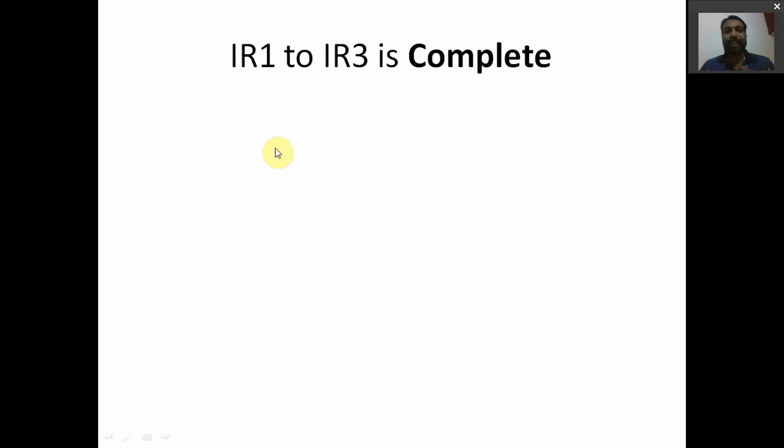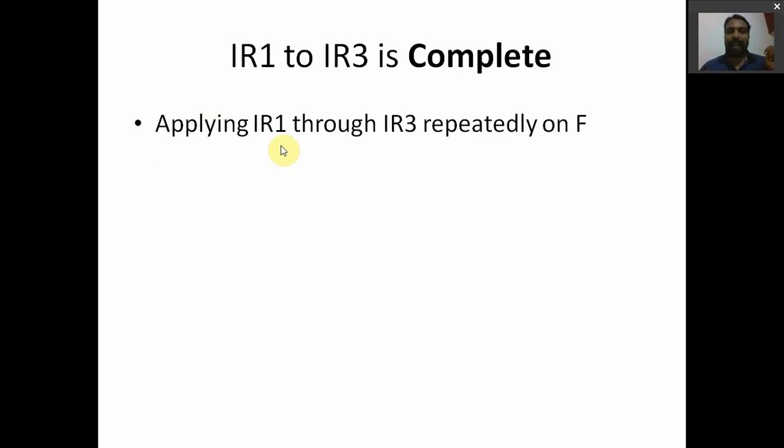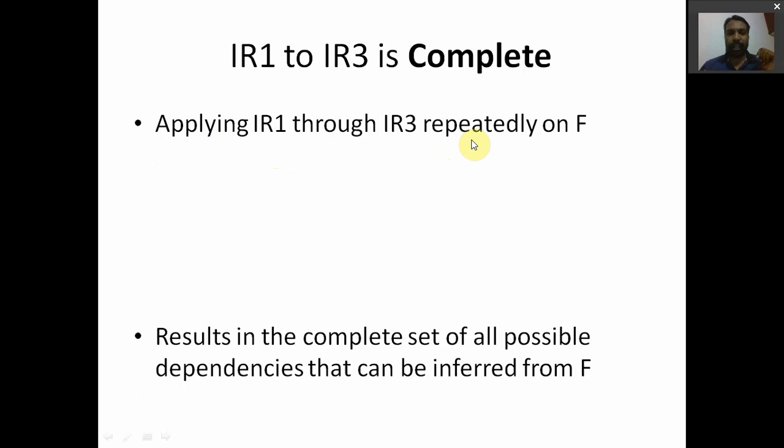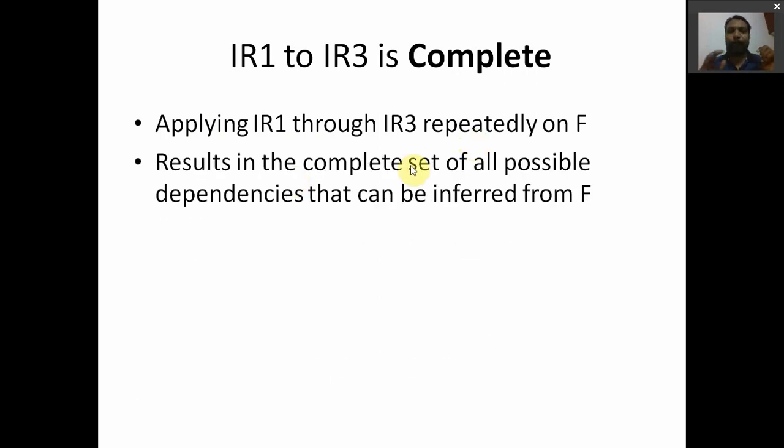Then IR1 to IR3 is also complete. That is, applying IR1 to IR3 repeatedly on F, if you apply all these three rules repeatedly on F, it results in the complete set of all possible functional dependencies that can be inferred from F. So if you want to infer all the functional dependencies, or find the closure of F, we have already defined closure.